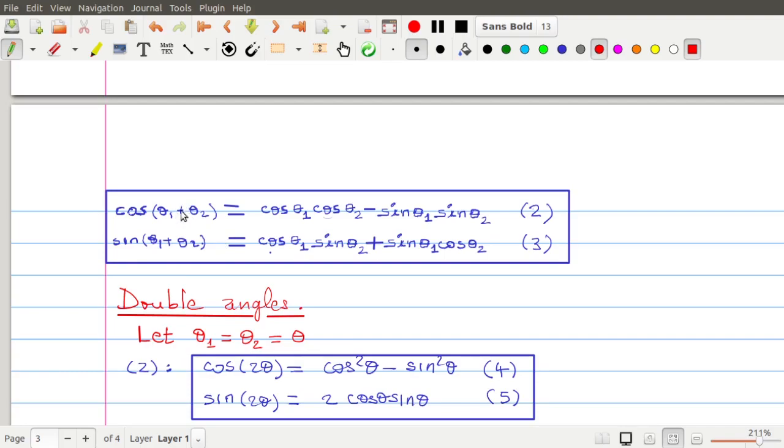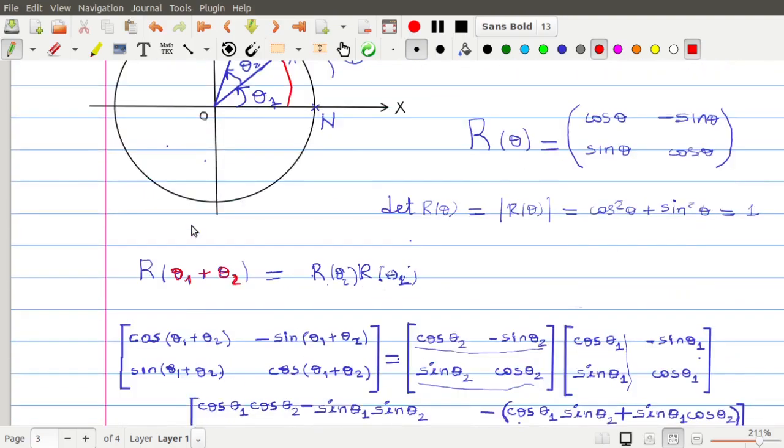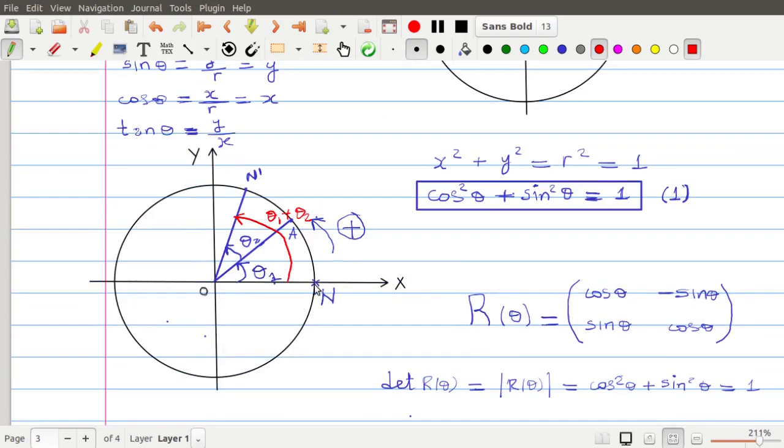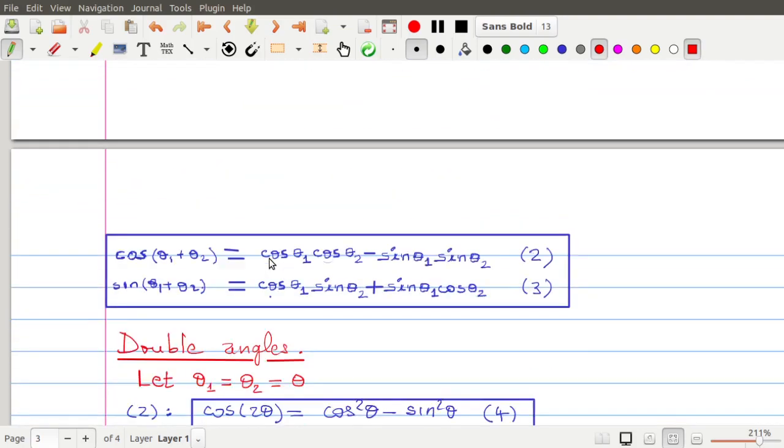For the difference, I suggested either we perform the rotation of the difference, or we replace theta 2 with negative theta 2 and use the fact that cosine is an even function and sine is an odd function, which we used as a result, but we did not prove it. But that can be proven.